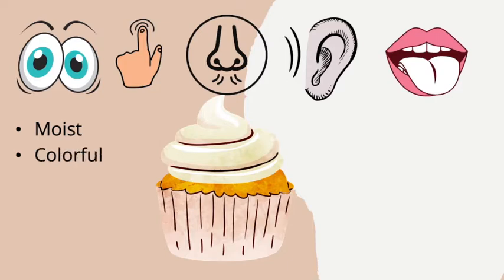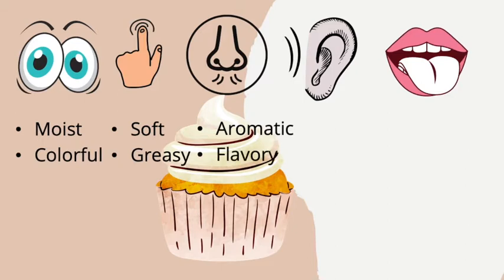If we touch the cupcake, we will feel that it is soft and greasy. Using the sense of smell, it is aromatic and flavory. It makes little to no sound.